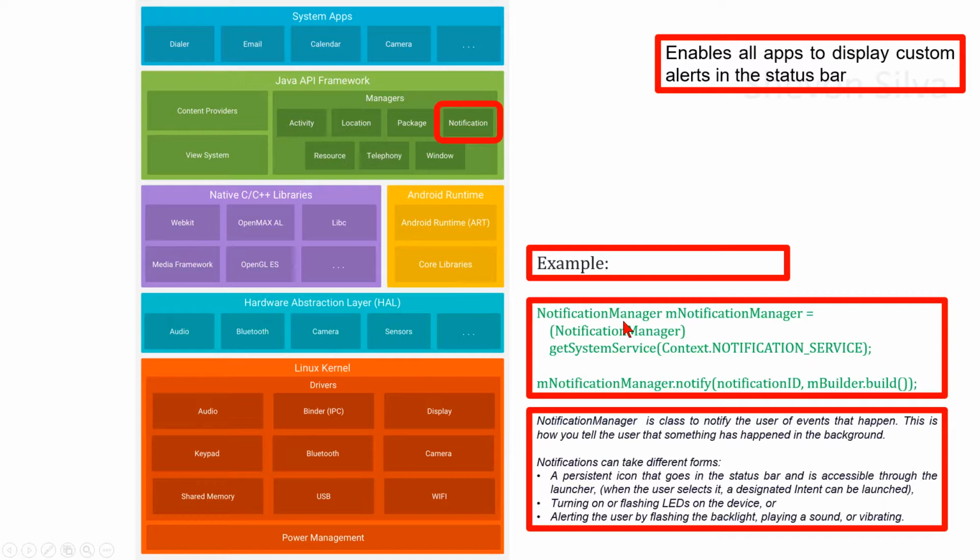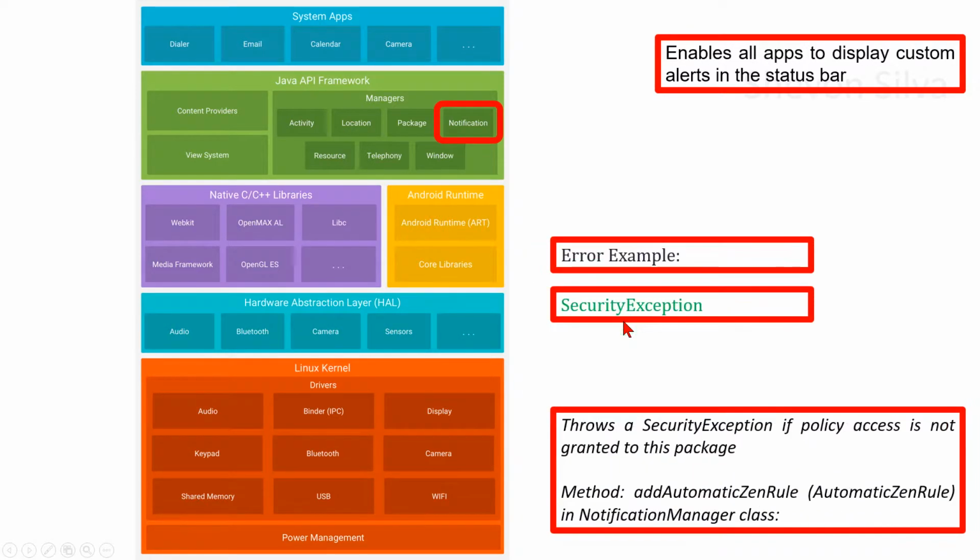A designated intent can be launched. And turning on or flashing LEDs on the device, or alerting the user by flashing the backlight, playing a sound, or vibrating. As an exception example, we can consider security exception.